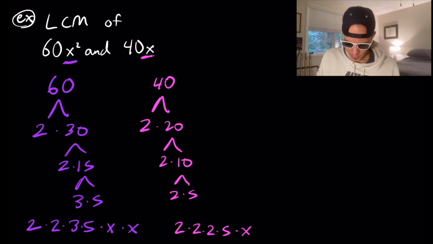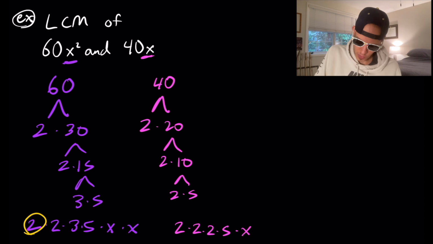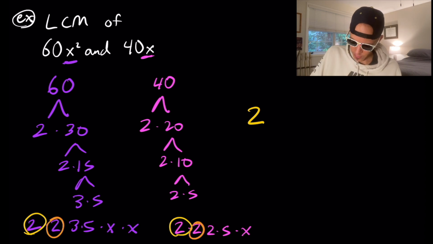All right, so let's find some pairs, kind of like we did a couple examples ago. So I see a 2 over here and a 2 over here, so I know I'll have 2 in my least common multiple. I got another 2 over here and another 2 over here, so I'll have another 2.